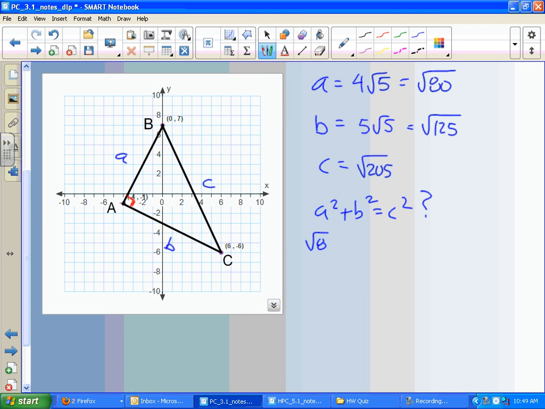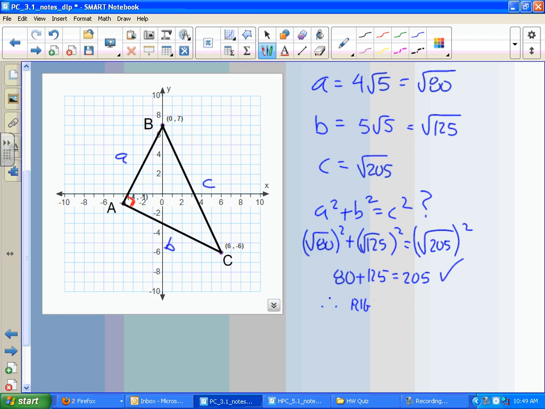So square root of 80 squared plus square root of 125 squared, does that equal the square root of 205 squared? Yes, it does. 80 plus 125 equals 205. That is true. Check. Therefore, it's a right triangle. Voila. So there we are using the distance formula.